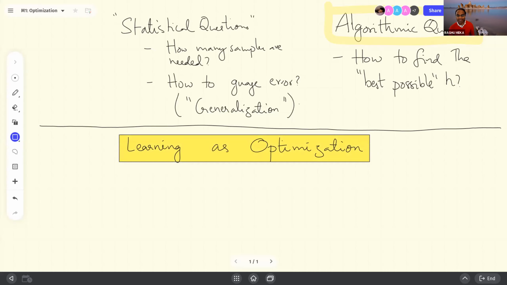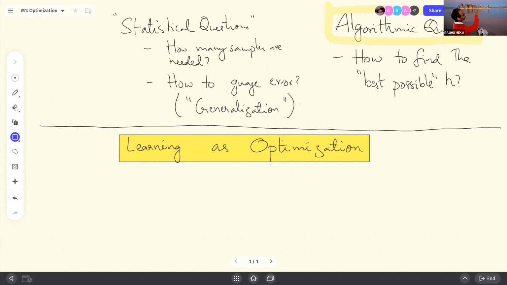Okay, I should also say that PAC learning, as we saw now, is almost 30-40 years old now. And it's a very good basic model to start with, but it has very strong limitations. One of the most important ones is that for many interesting models that you care about in practice, PAC learning leads to questions which are computationally unsolvable.